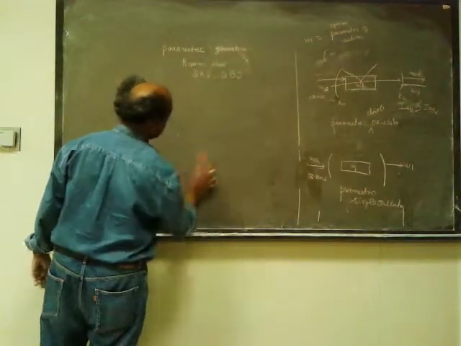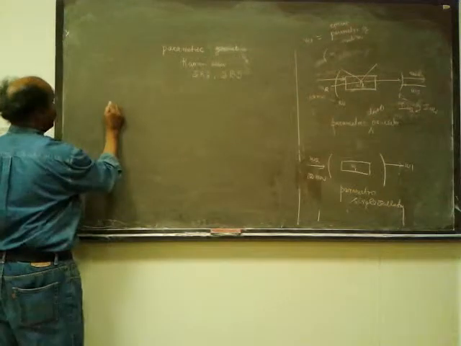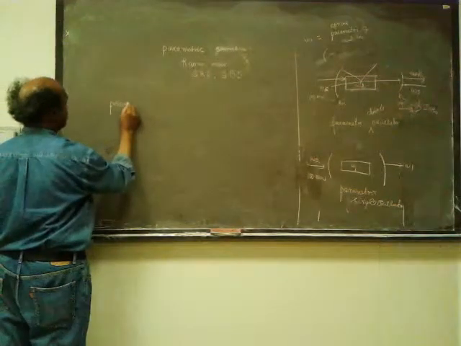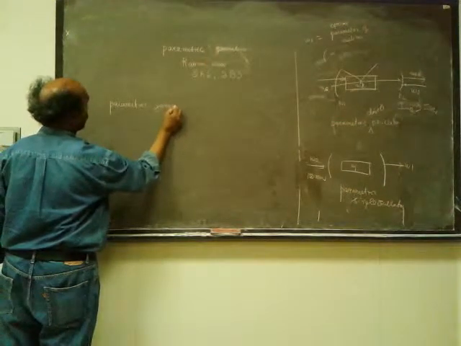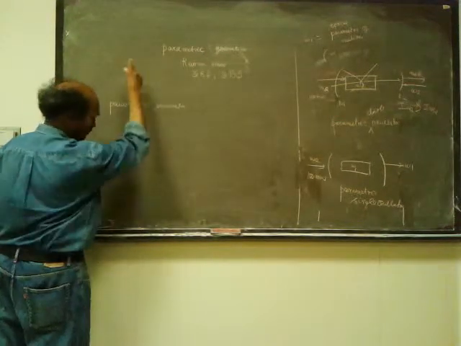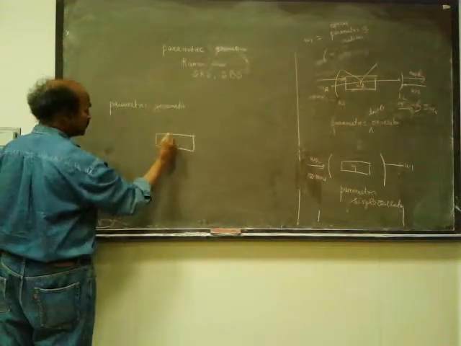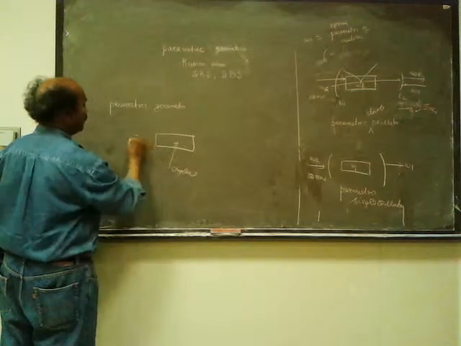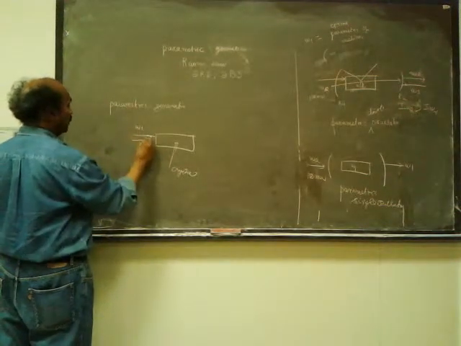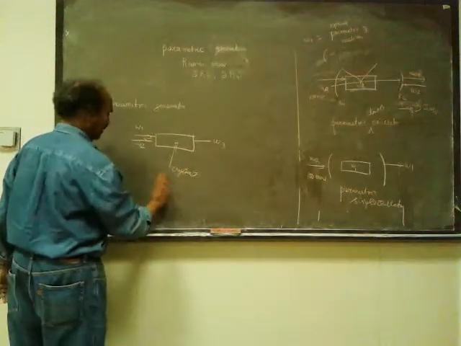So what you will see in the other lab, when you go there, you can choose some crystal. You can put omega 1, omega 2, so you can get omega 3.